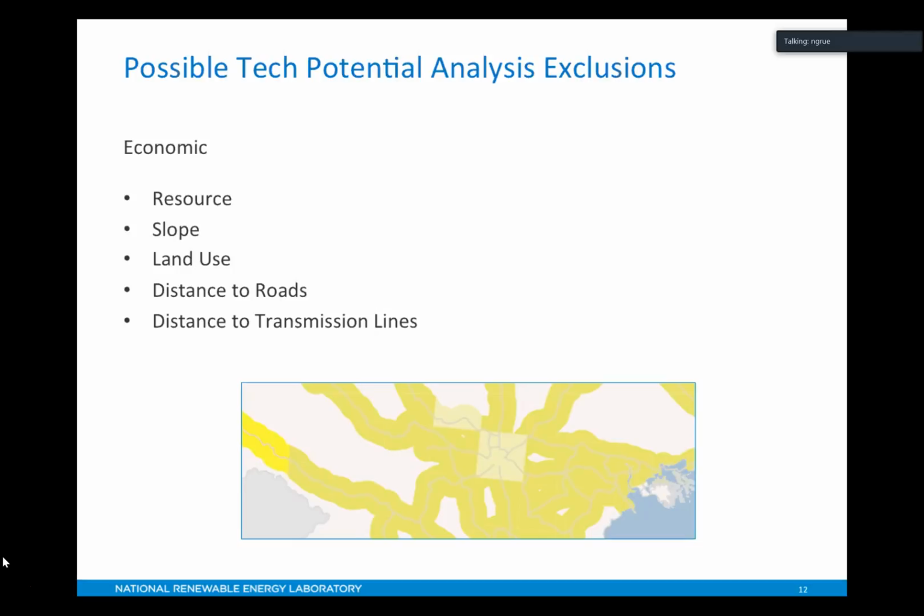If you're building close to a transmission line or further away, you're going to need to build new infrastructure to take the energy generation from the project and connect it to the transmission line. That'll impact the economic potential.